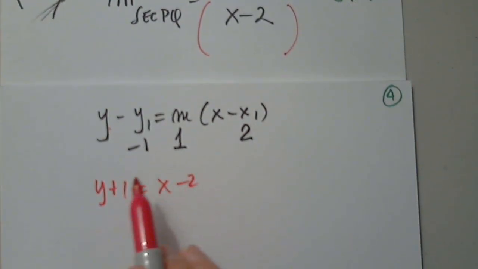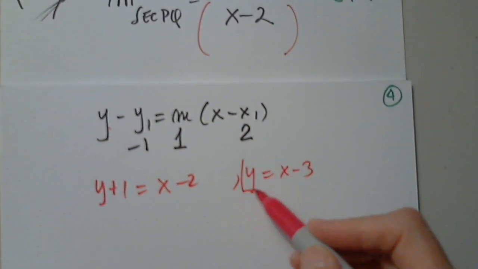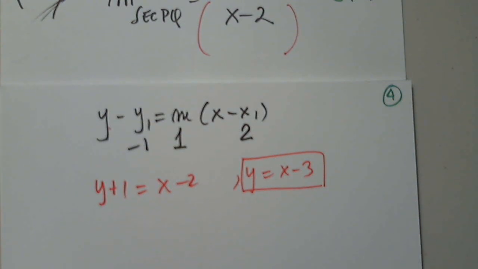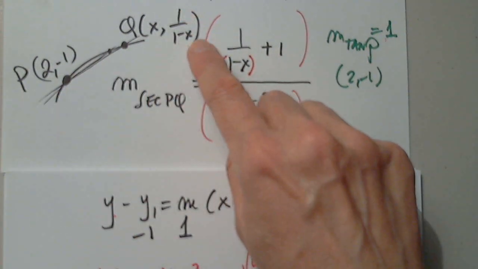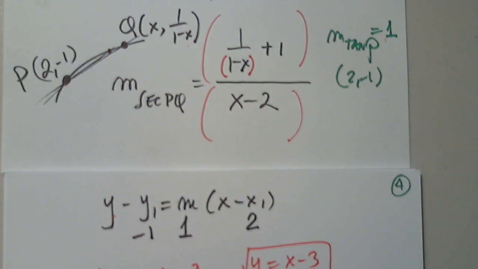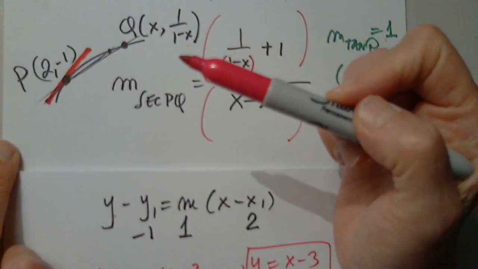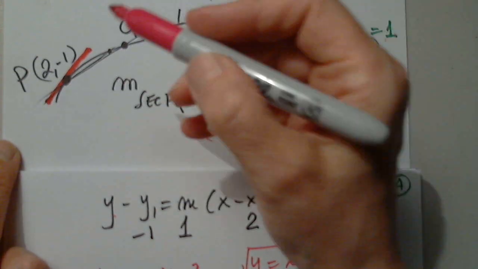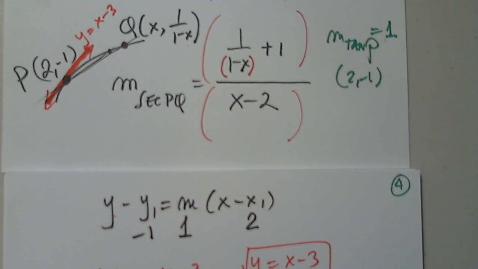When I move one term from one side to the other, it changes its sign. So x minus 3. This is the equation of the tangent line to the graph of 1 over 1 minus x at the point 2, -1. So the slope of this line is 1, and the equation of this line is y equals x minus 3.